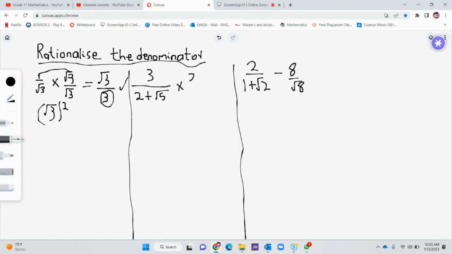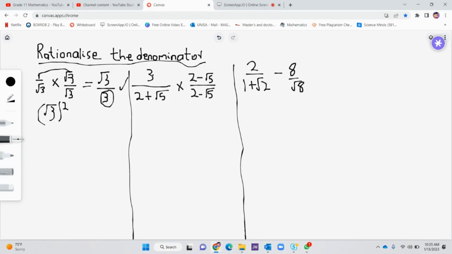So it's going to be 2 minus square root of 5, divided by itself, 2 minus square root of 5. Just remember, if your denominator has 2 terms, the 1 should be the denominator divided by itself, but with a different sign. If it was a negative here, then it would be a positive here.